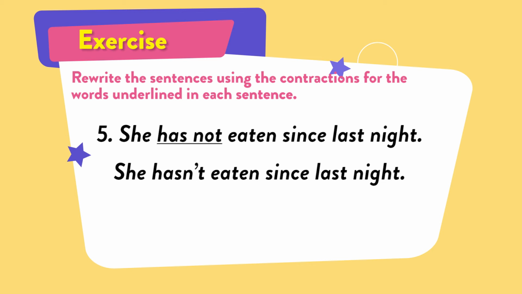Hasn't. Remember, for the not, you take the O away and you replace it with an apostrophe. So our new sentence would read, she hasn't eaten since last night. So how well did you do on that? I'm sure that you got, if not all, quite a few correct.